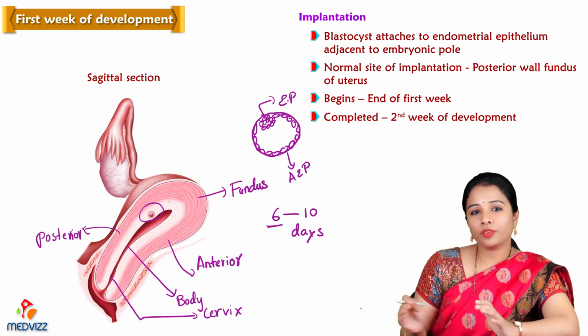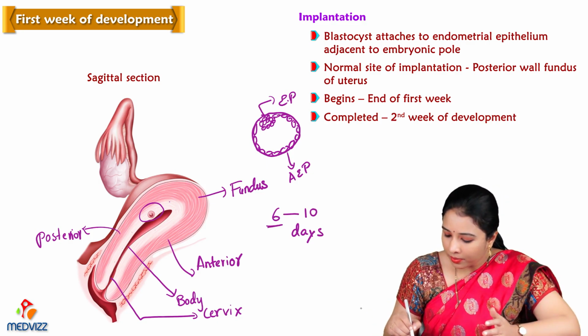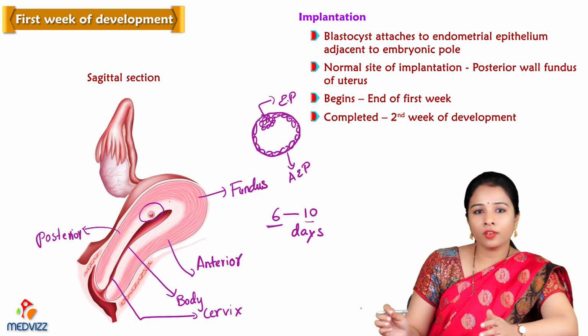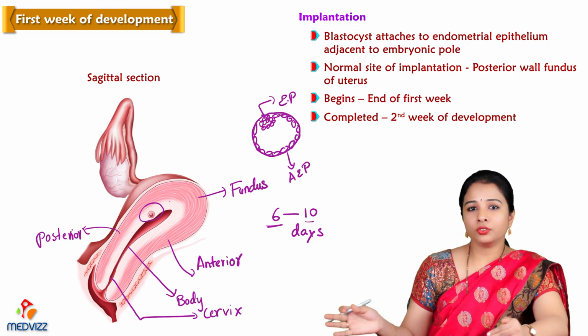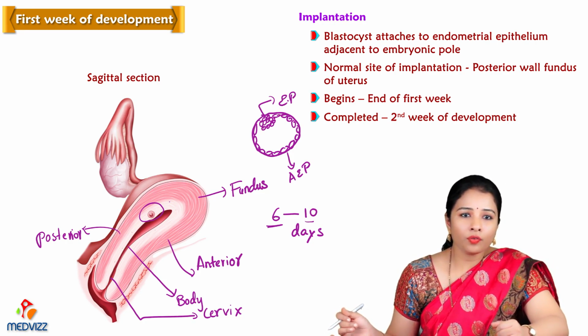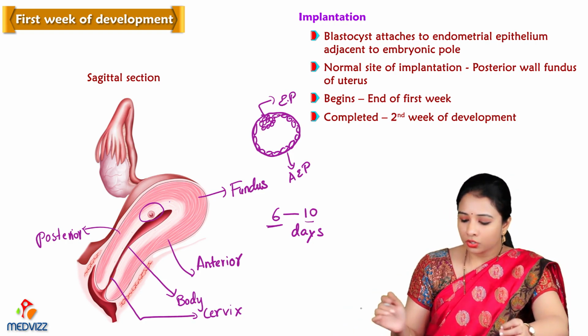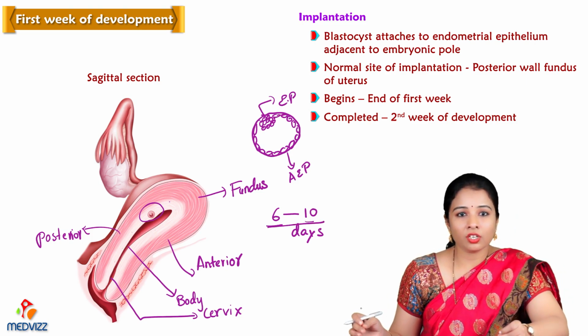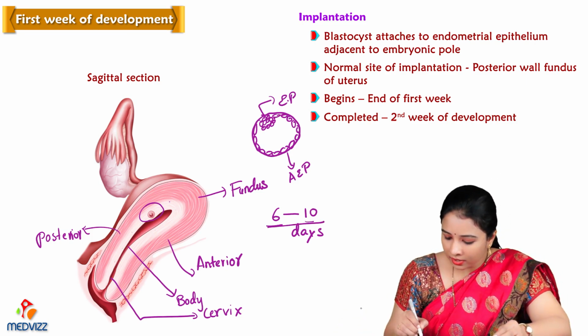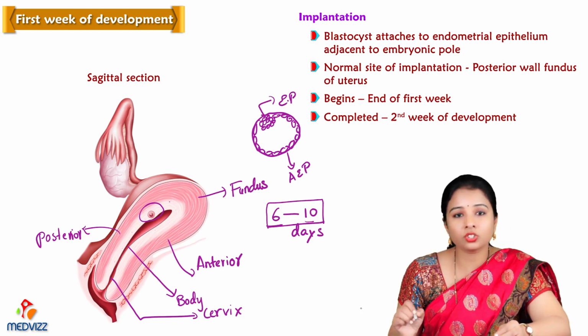It begins on the 5th or 6th day and completes by the 10th or 11th day. So implantation begins in the first week and continues into the second week of development. So it is during 6 to 10 days after ovulation. After ovulation you can calculate that implantation occurs during 6 to 10 days.